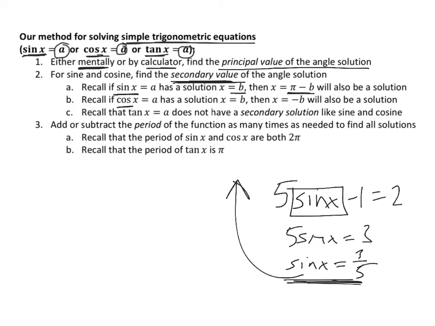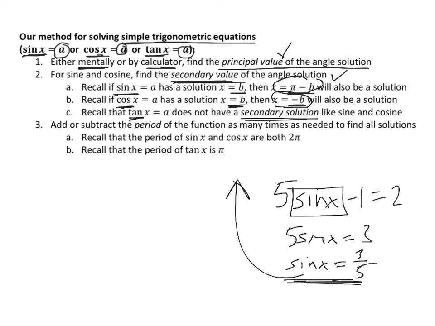If you're working with cosine, you take your first solution and do the opposite of that, the negative of that solution. If you're working with a tangent equation, nothing to worry about, there is no secondary solution like sine and cosine have. So first step, find the principal solution. Second step, find the secondary solution by using one of these two relationships, depending on whether it's sine or cosine.